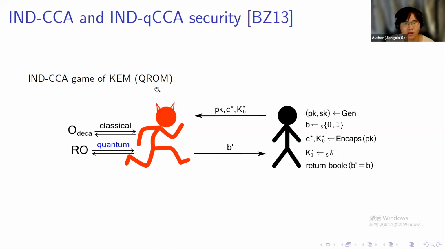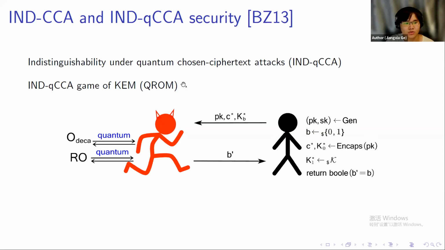Beyond the QROM, Boneh and Zhandry have considered a stronger quantum adversary that can perform quantum queries to the decryption oracle. They introduced a new security notion named indistinguishability under quantum chosen ciphertext attacks, IND-qCCA for short. In the QROM, different from the IND-CCA game of a KEM, the adversary of the IND-qCCA game can make quantum queries to both the decapsulation oracle and the random oracle.